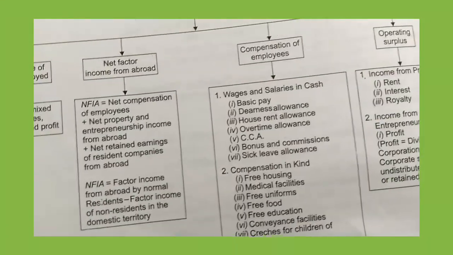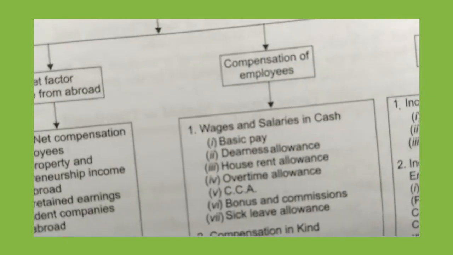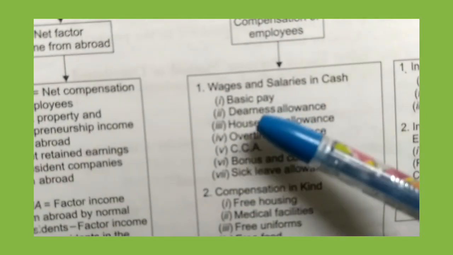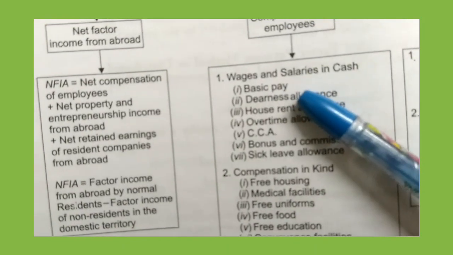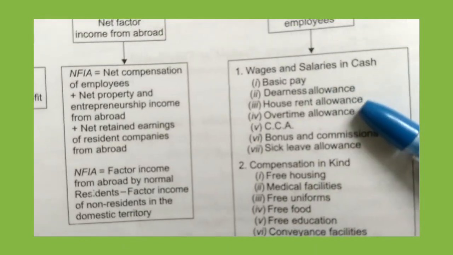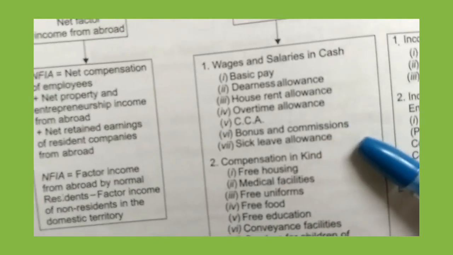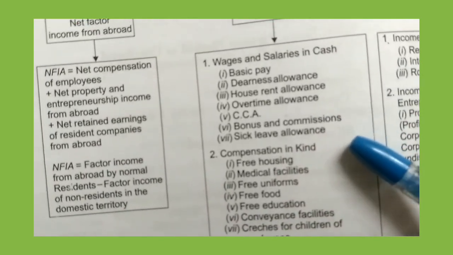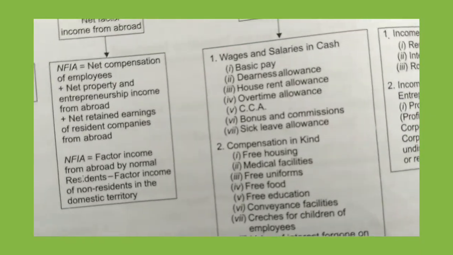And then the compensation of employees. What are the compensations? The wages and salaries in cash: basic pay, dearness allowances, house rent allowances, overtime allowances, CCA, bonus and commissions, sick leave allowances. Okay, these are called wages and salaries in cash.